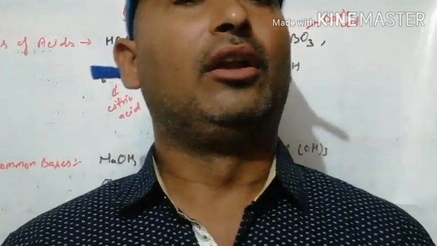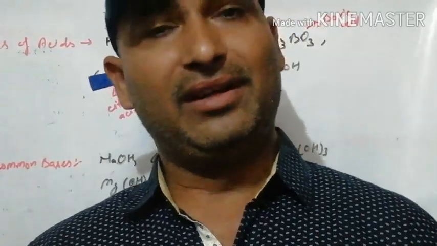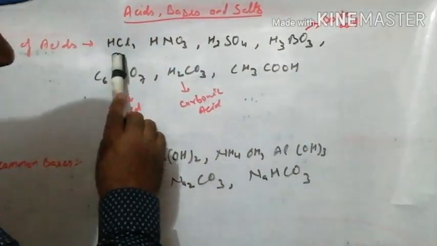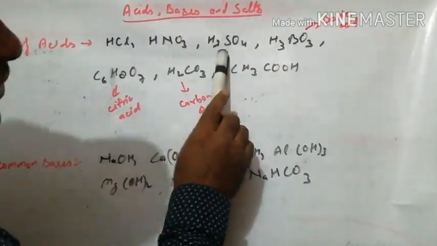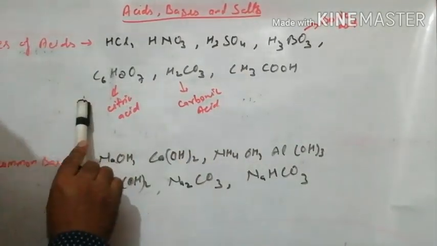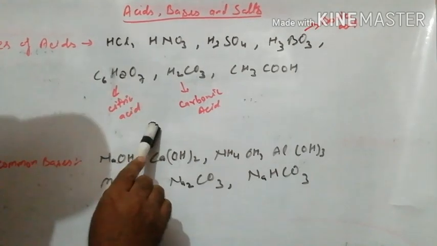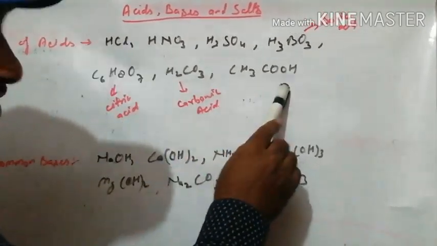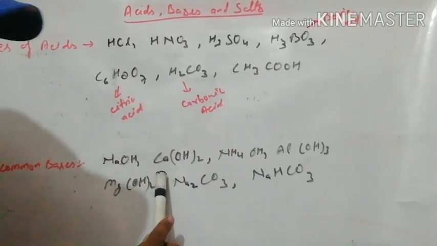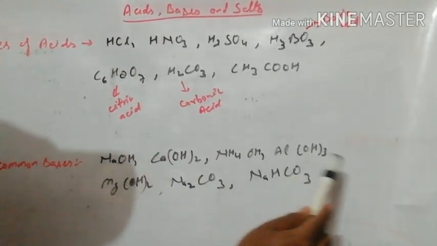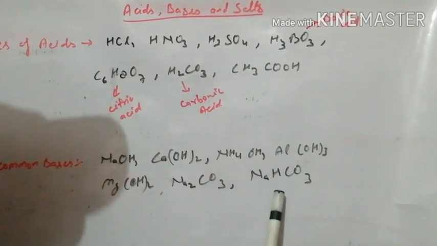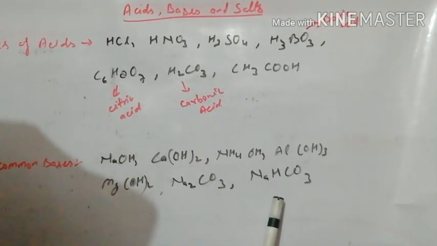Now we will discuss the uses of acids, such as hydrochloric acid, nitric acid, sulfuric acid, boric acid H3BO3, citric acid C6H8O7, carbonic acid, and acetic acid, and some common bases such as sodium hydroxide, calcium hydroxide, ammonium hydroxide, aluminum hydroxide, magnesium hydroxide, sodium carbonate, and sodium bicarbonate or sodium hydrogen carbonate.